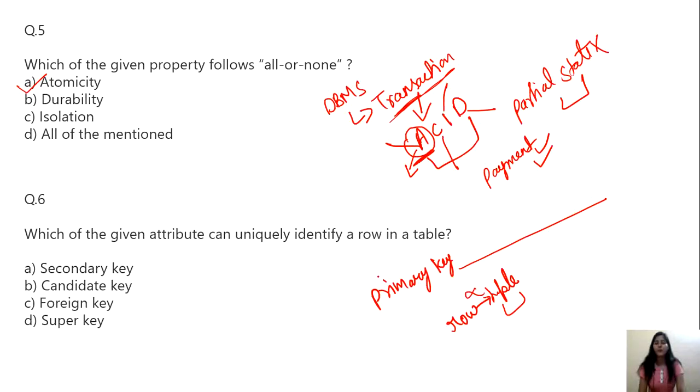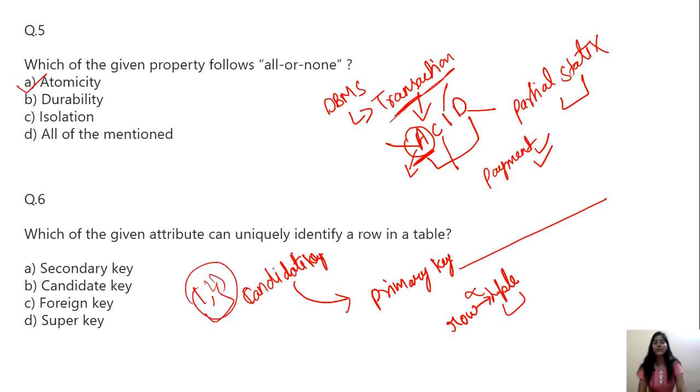Okay. So we know that primary key is used to identify a row in a table, but in the options they haven't mentioned primary key. Can you see they have mentioned primary key? No, right? So then what should be the correct answer? Before this, you should be aware of the concept that a candidate key can be a primary key. So from the given database, we have one, two, or three candidate keys.